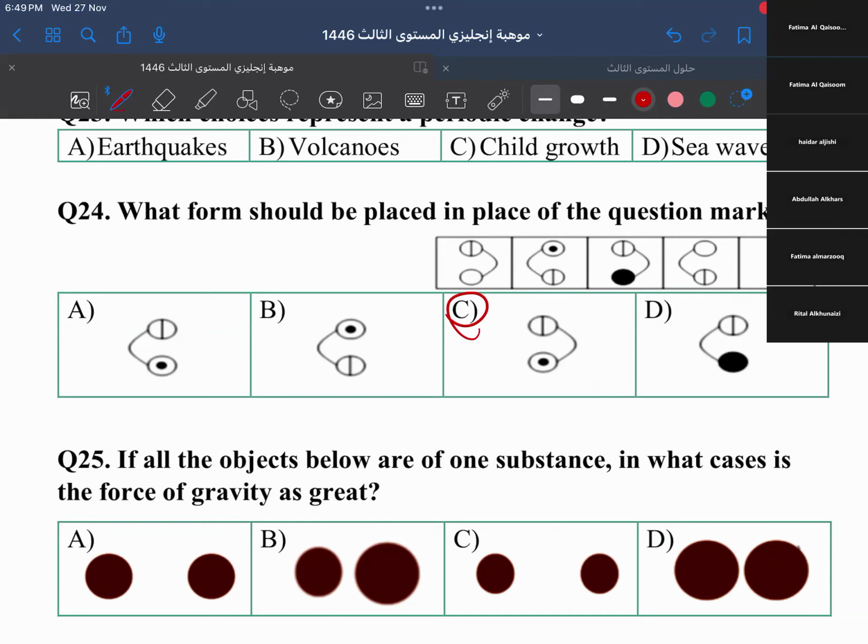So as you said, it started with an empty circle and then only a black dot and then a black circle. And now we're back to the empty circle. So the next one should be the one with the black dot. So D is not right. But we see here that first it was facing the left and then facing the right, facing the left and facing the right. So the next one should be facing the left, in this direction. So C is the only one that applies. Excellent.